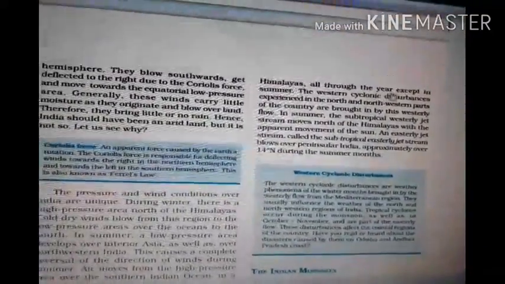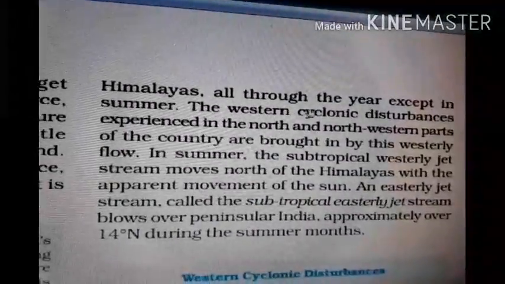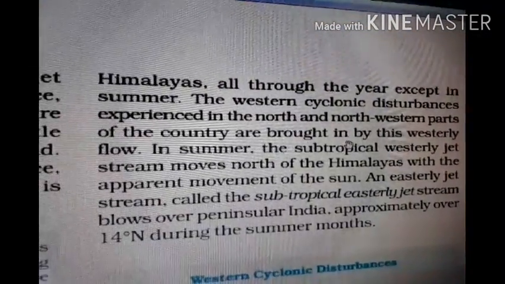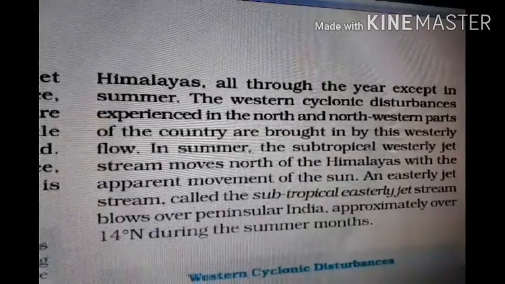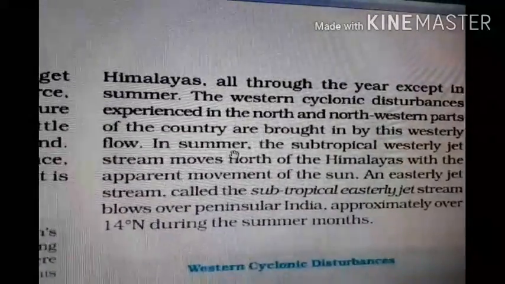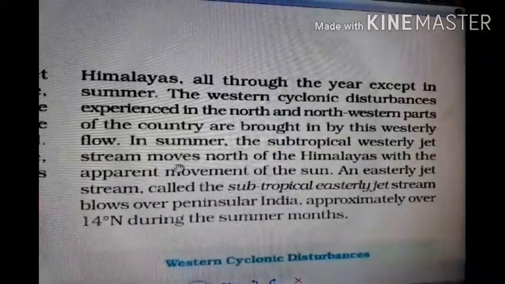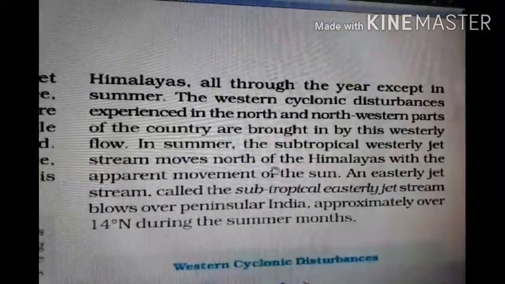Throughout the year, except in summer, the western cyclonic disturbances experienced in the north and northwestern parts of the country are brought in by this westerly flow, whereas in summer the subtropical westerly jet stream moves north of the Himalaya.